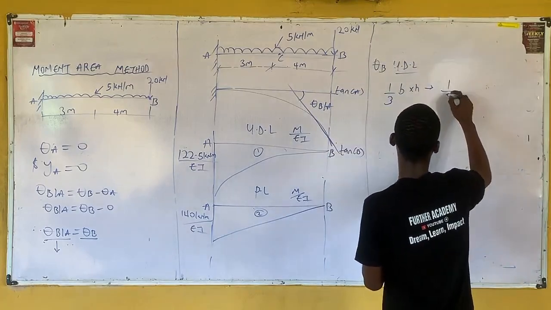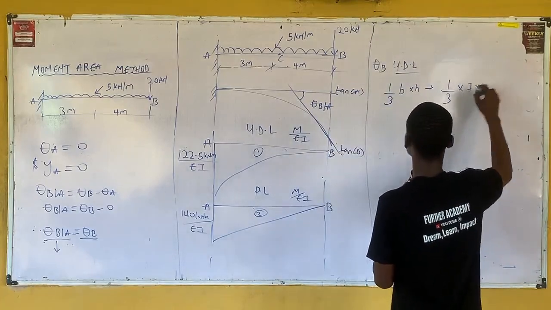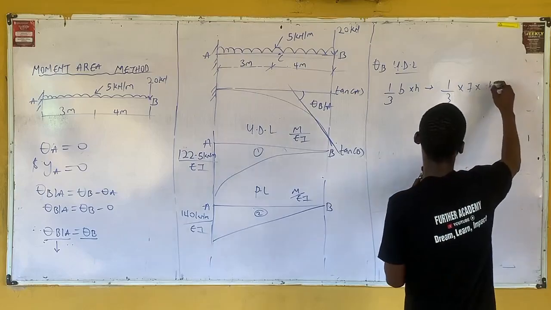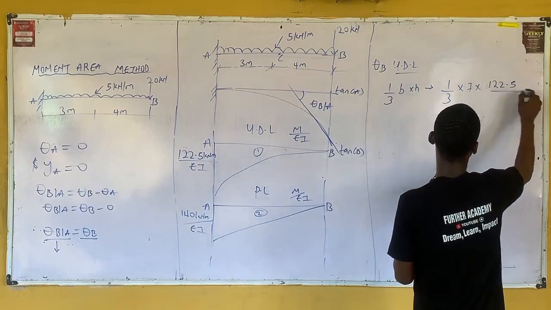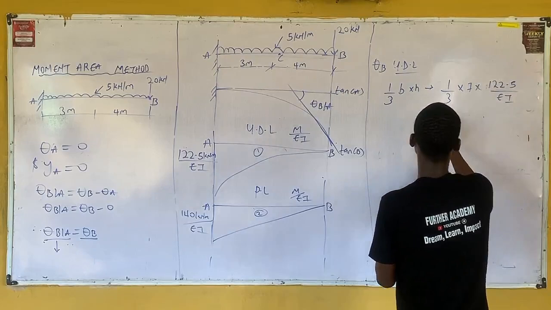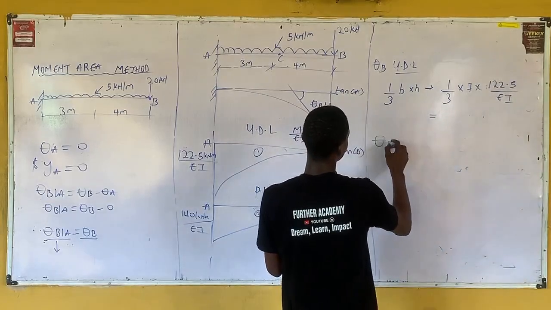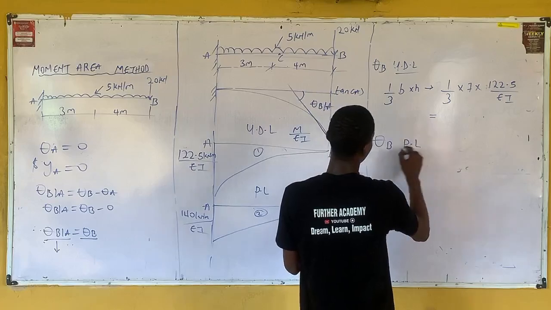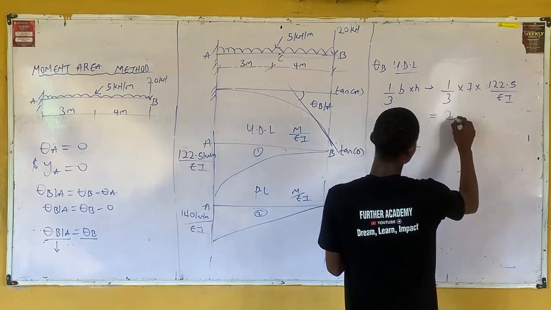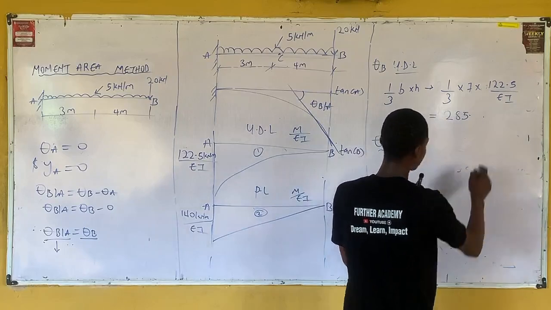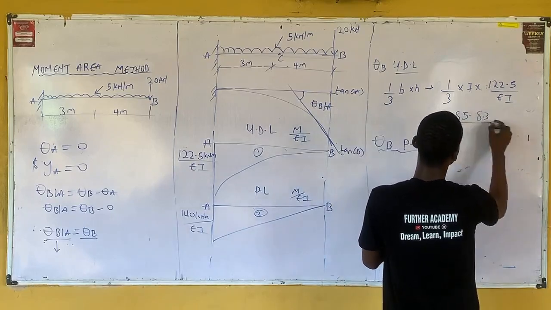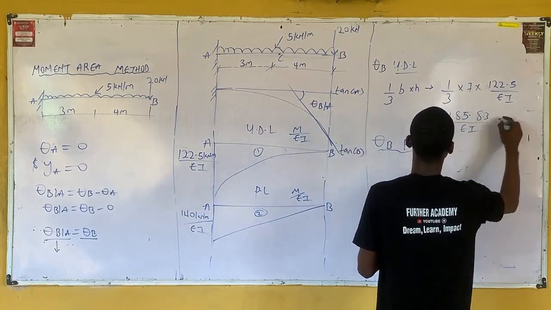So that's 1 over 3 times 7 times the intensity, 122.5 over EI. What's the answer? 285.83 over EI. This is for UDL.